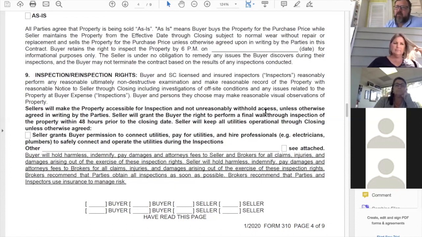Technically, the seller doesn't even have to be done until within 48 hours for the final walkthrough. Now, we're not talking about the repair addendum, because if you sign the repair addendum, that will override any timing and tell you when the repairs need to be done. The contract is basically stating at this point when you'll have the walkthrough.